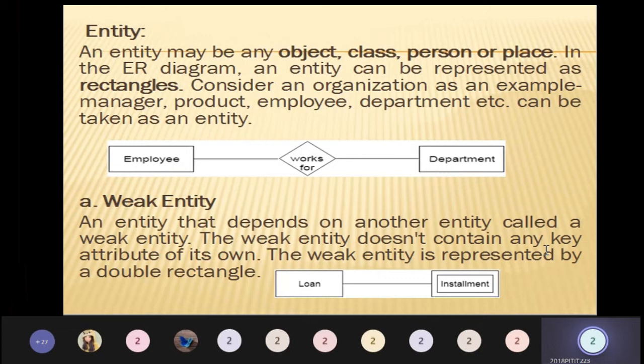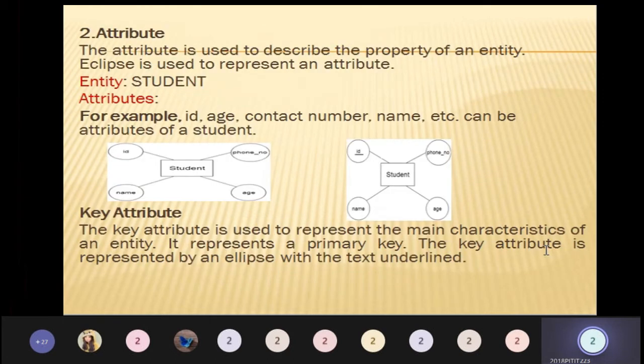Okay, and next let us see about the attributes. That is the second component in the ER model. So what is meant by attributes? An entity is represented by a set of attributes, which means that the attribute is used to describe the properties of the entity.